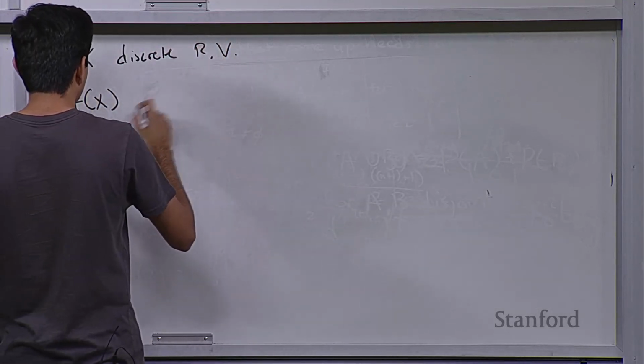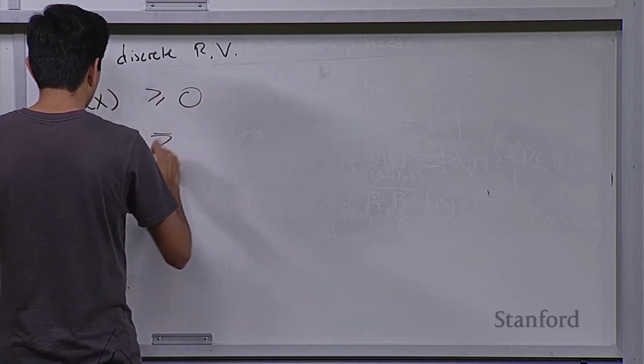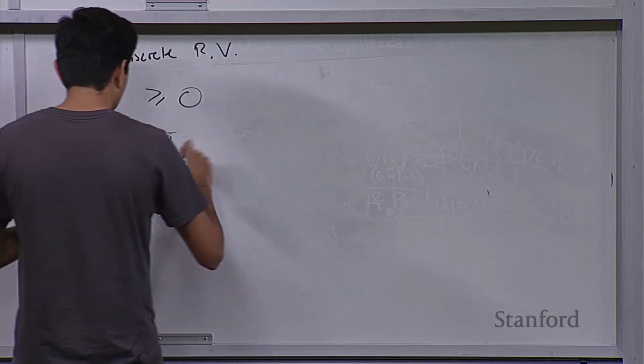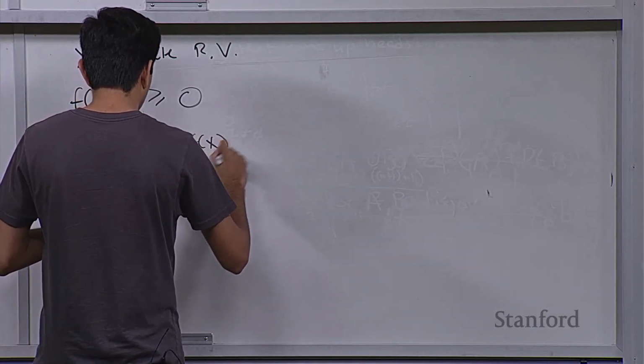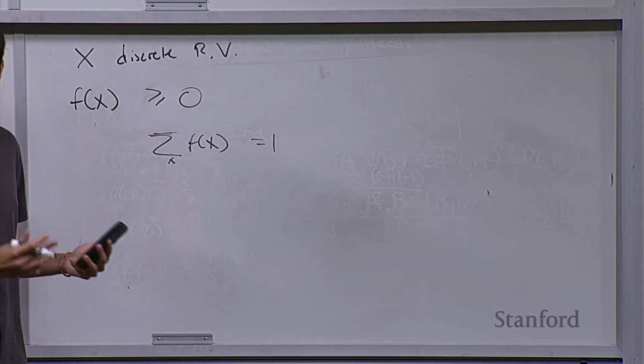We must have that f of x is greater than or equal to 0. We must have that the sum over all possible x's of f of x is 1, because the probability over all possible outcomes must sum to 1.